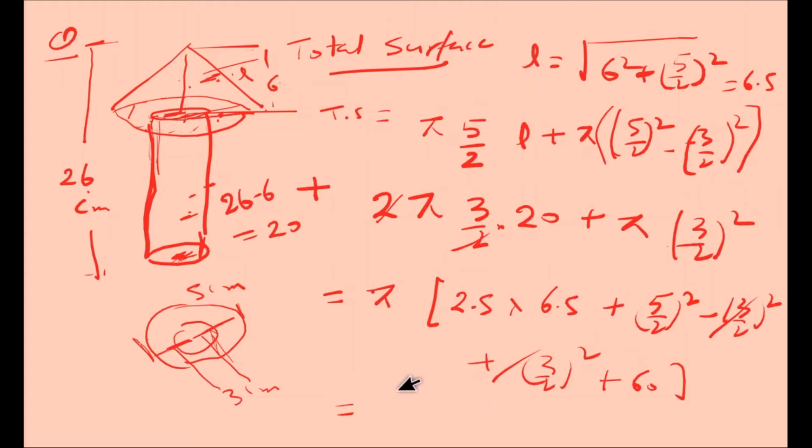Now this total area you can paint. If you are asked that here you have to paint a different color and here a different color, you can answer this differently.